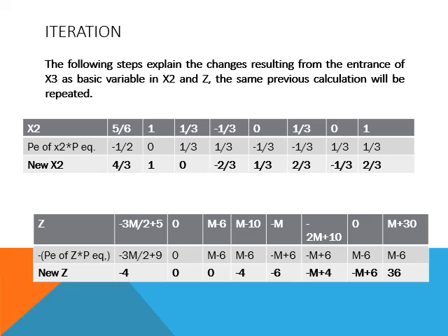Iteration 4. The following steps explain the changes resulting from the entrance of x3 as basic variable in x2 and z. We are going to follow the same previous procedure to calculate the changes in x2 and z.